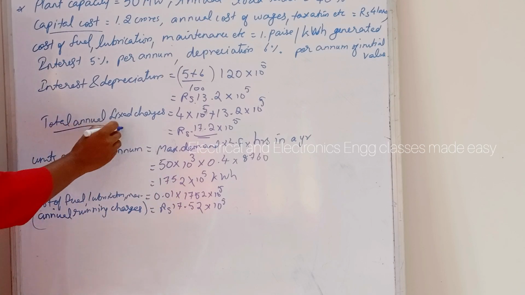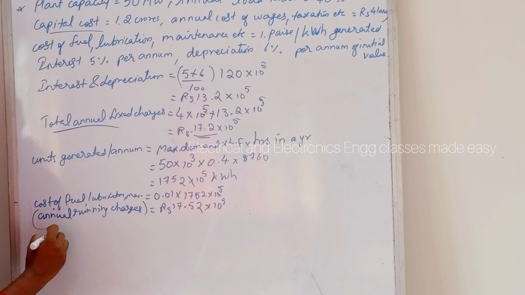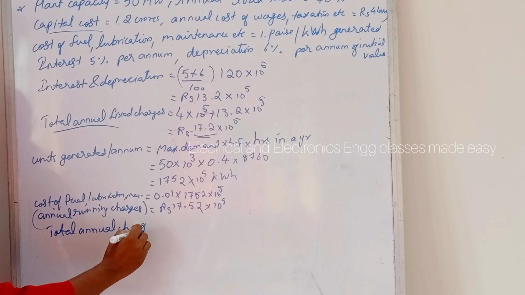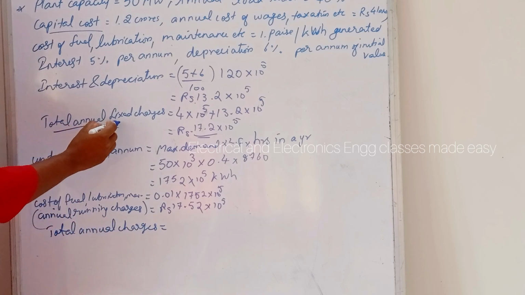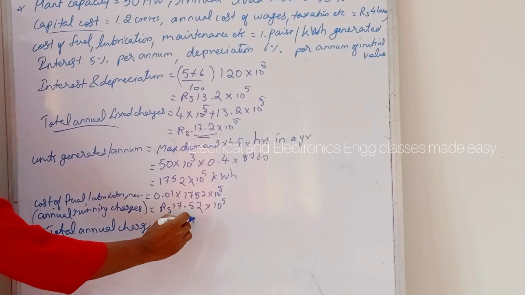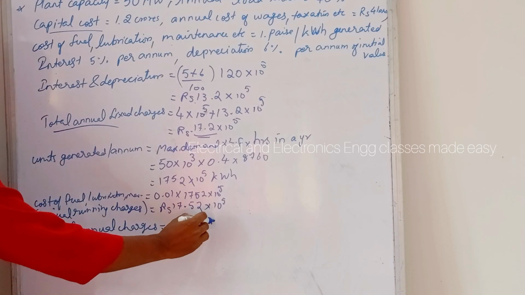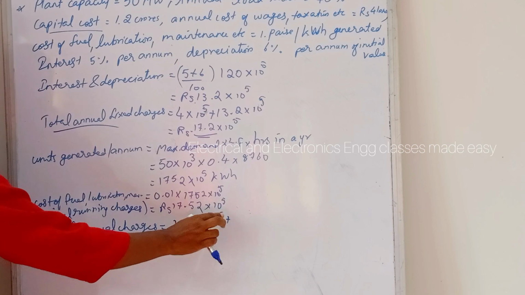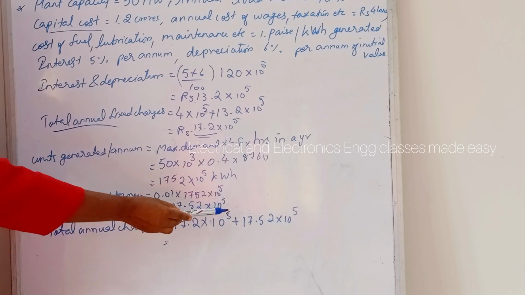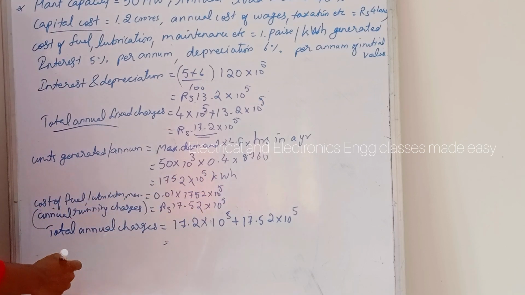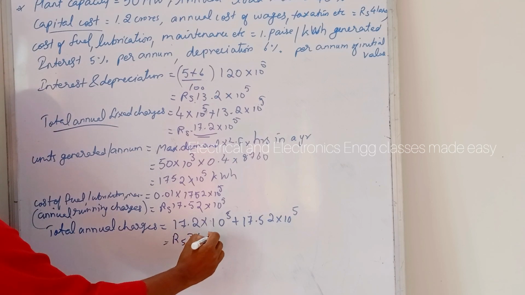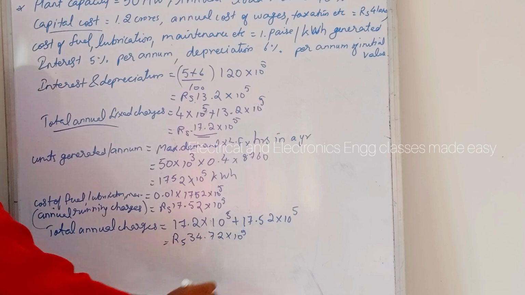Now we can find the total annual charges, that is total annual fixed charges plus total annual running charges, that is 17.2 into 10 raised to 5 plus 17.52 into 10 raised to 5, and we get rupees 34.72 into 10 raised to 5.